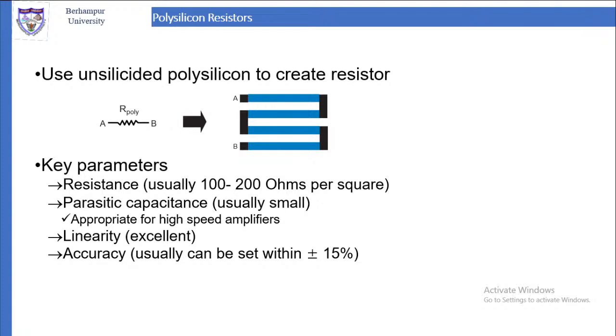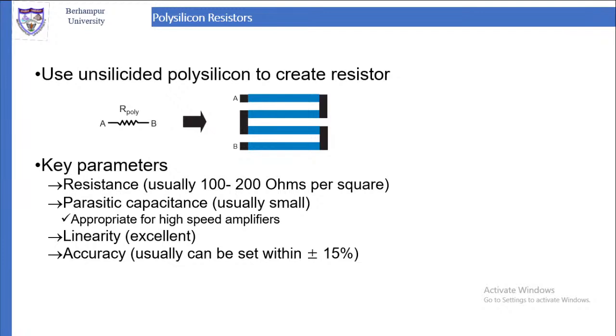So the resistor is created using polysilicon, but it is not silicided. So between point A and point B we are putting a resistor. It is polysilicon, so therefore the resistance is R. In practice, that is the schematic AB. On the left hand side, we see the points A and B, with a resistor in between them.